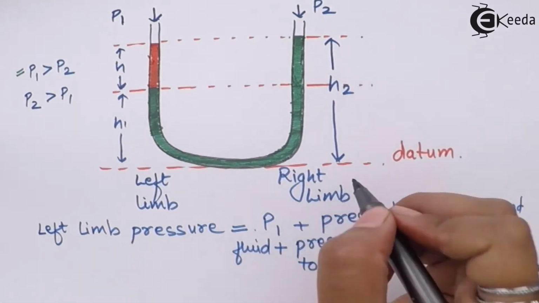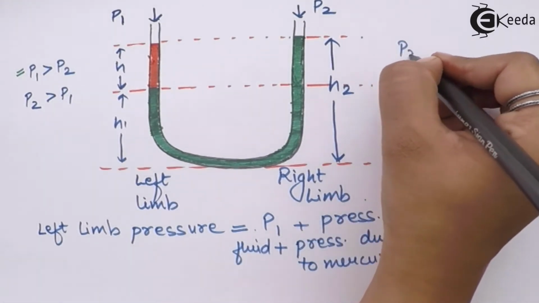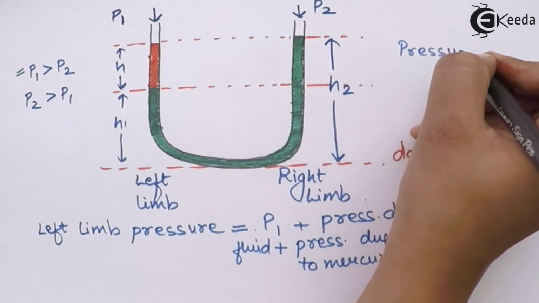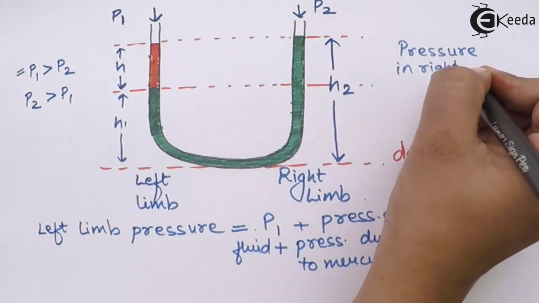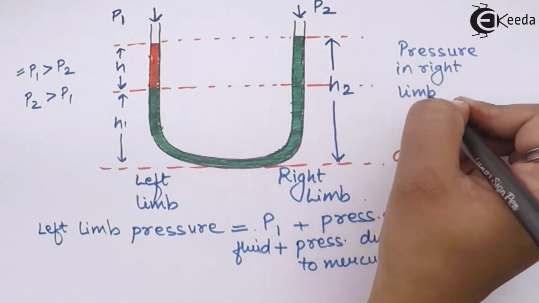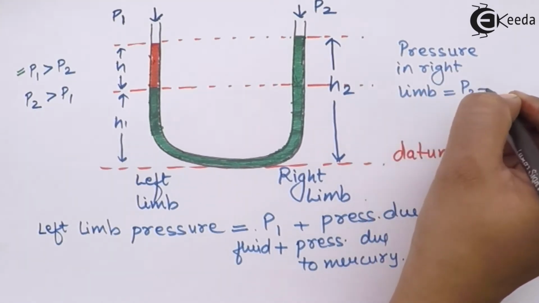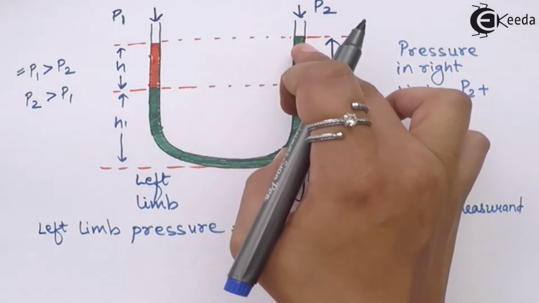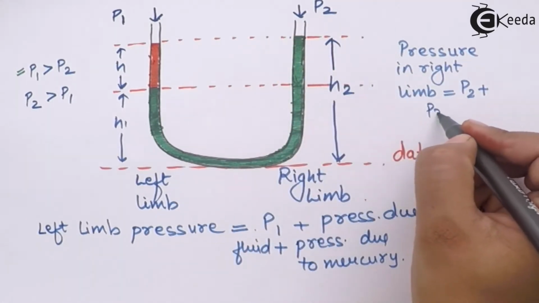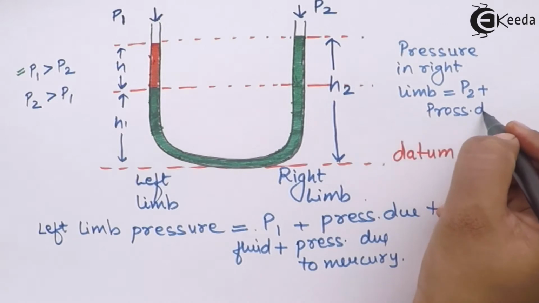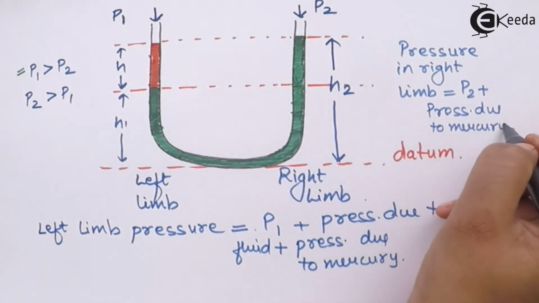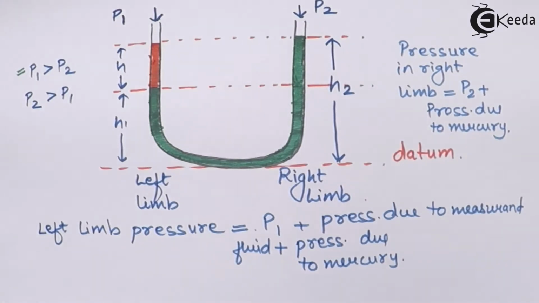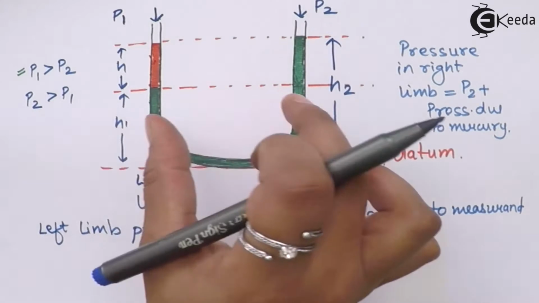Whereas the pressure in the right limb is only due to pressure P2 plus this pressure due to the mercury. So under equilibrium conditions, both these pressures should be equal.